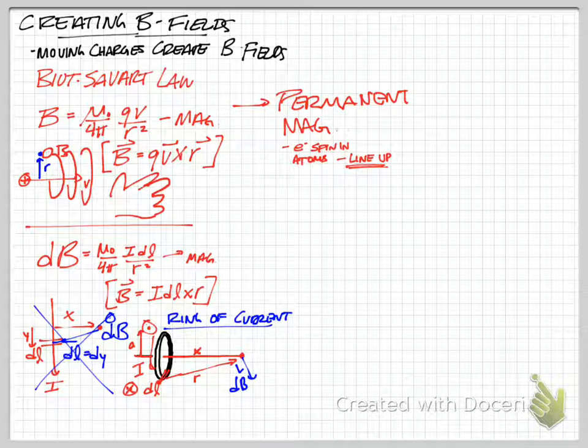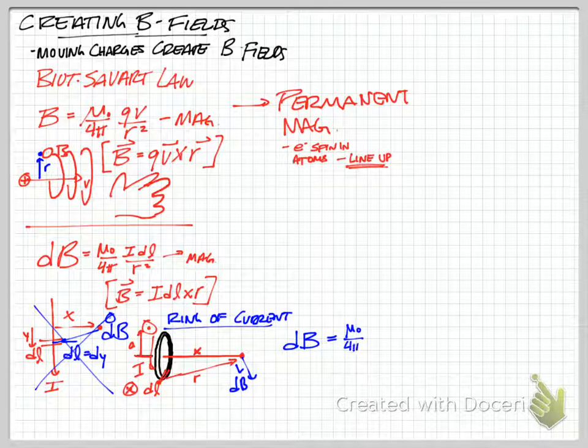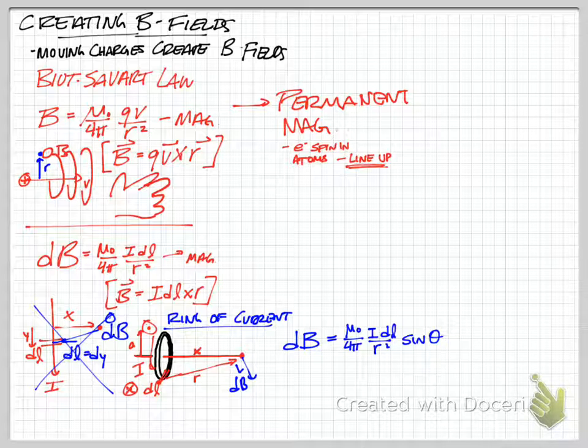So what we have is dB is equal to mu 0 over 4 pi times I dl over r squared times the sine of the angle in between dl and r.